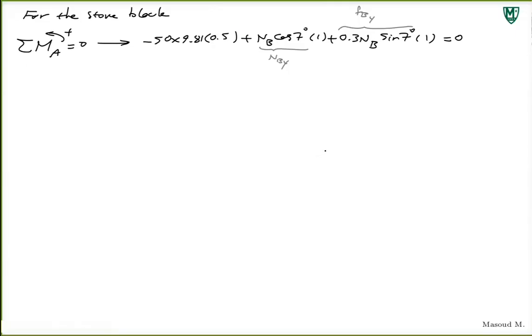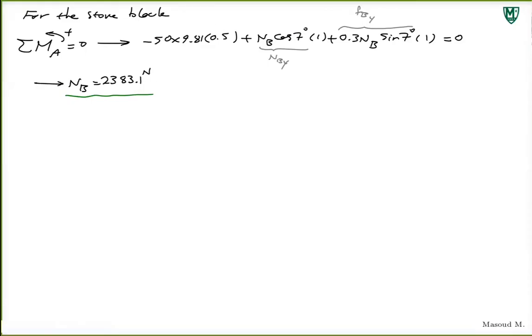So in this equation, the only unknown is NB. You know everything else. Cosine 7 is obvious. Everything is just put as numbers. So NB becomes 2383.1 newtons.